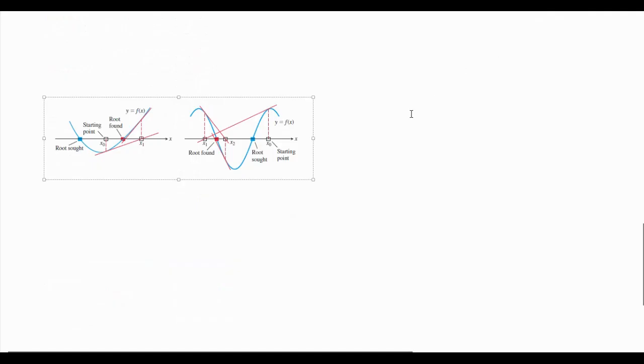Now one basic thing I have to tell you is that sometimes you cannot get the root which you think you will be getting. For example, here, if you see the curve, you have a starting point here. The value of y is on the curve, and the tangent meets x at x1. So you get x1 here, and then the tangent at this point, and you get x2 here.